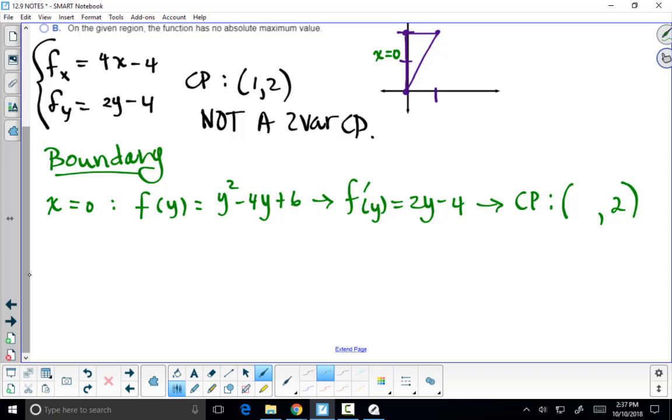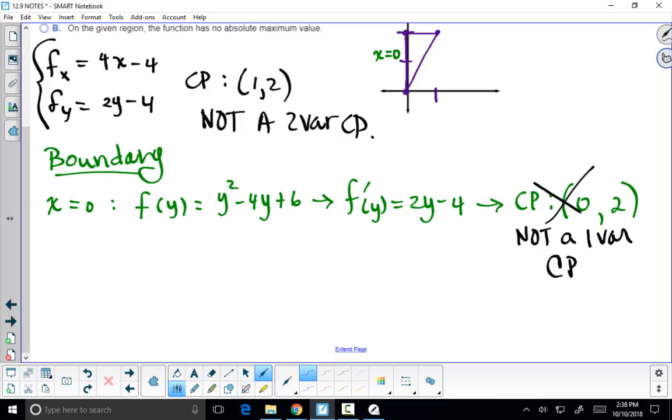We know the x value is 0 because we assumed it to be 0 to begin with. So (0, 2). Now, is that a one-variable critical point? Is it interior to that segment? No. So we don't consider it a one-variable critical point.